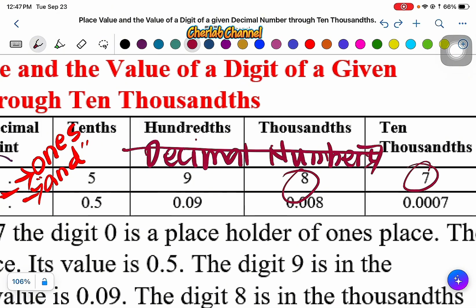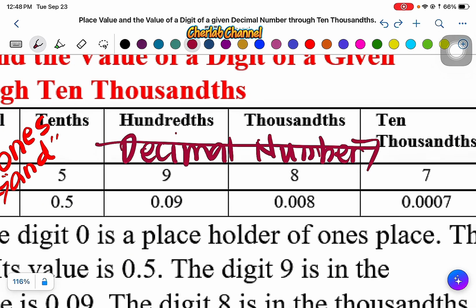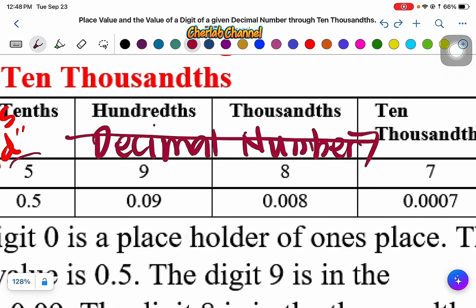So 5,000, si 5 ay magiging 5,000s. Kung paano natin basahin ng isang whole number, 5,987. Okay? 5,987. But the trick here, sa decimal number, the last number is 7, which falls into 10,000s. So we will read that.